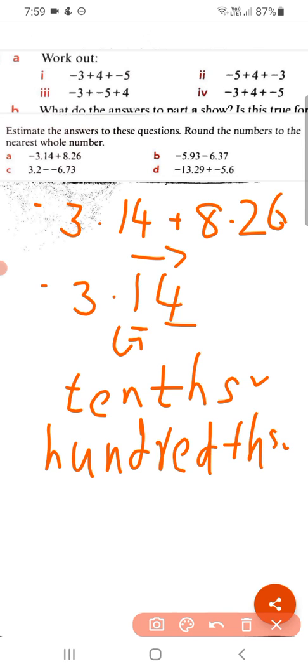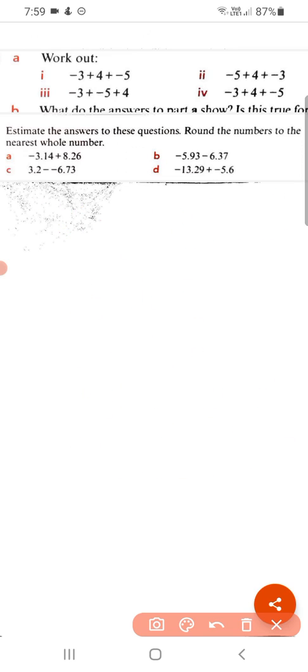The first place is tenths, second is hundredths, third is thousandths, fourth is ten-thousandths and so on. So now we are going to estimate this to the nearest whole number.